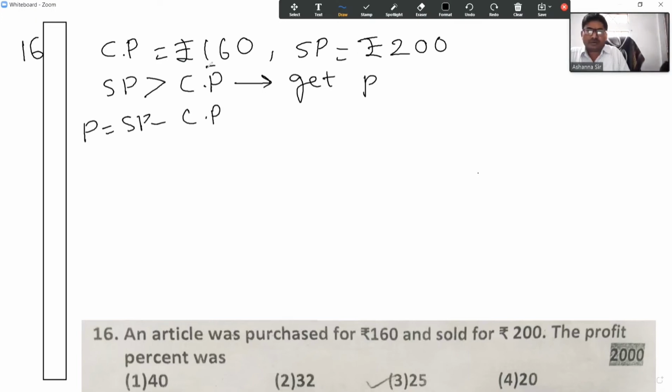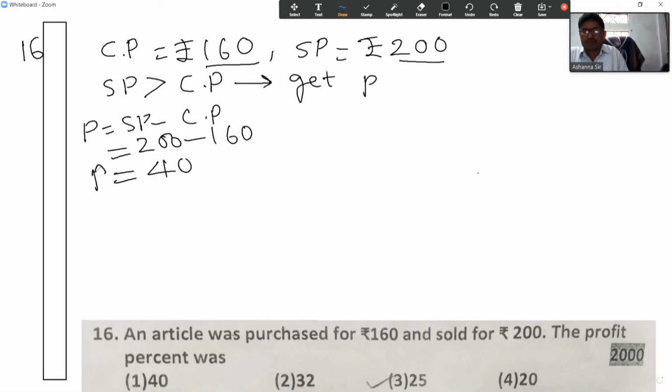By observing only we can identify 200 minus 160, 40 rupees profit. If you don't know, you may calculate like this: SP minus CP, 200 minus 160, 40 rupees. 40 rupees is profit. So profit percentage, here asked profit percentage.